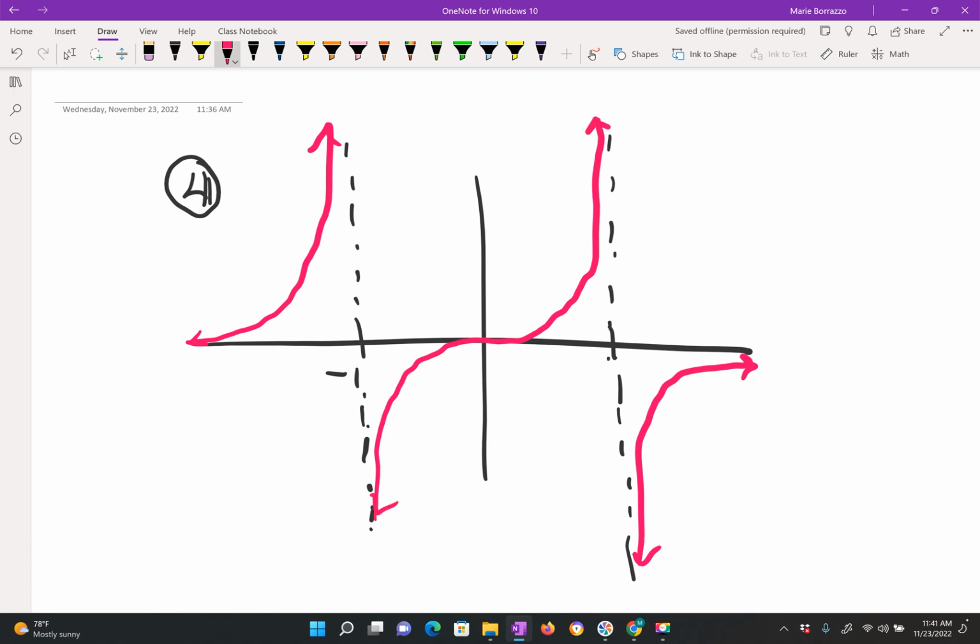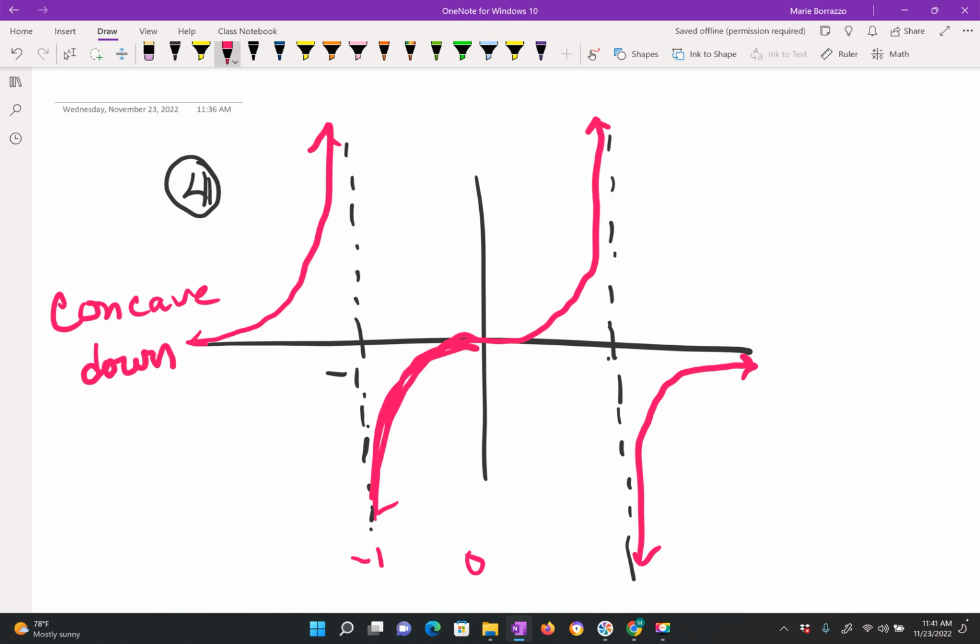So the question in 41 talks about concavity. They're asking, where is this concave down? So concave down, I'm looking from -1 to 0, it's facing down.